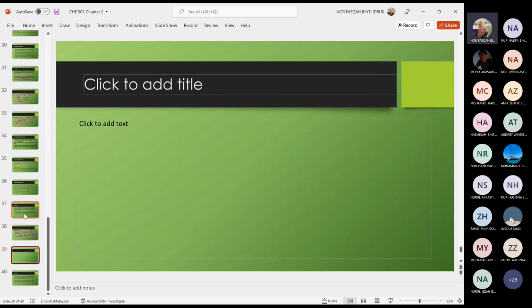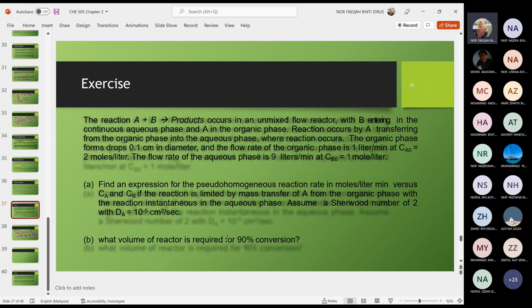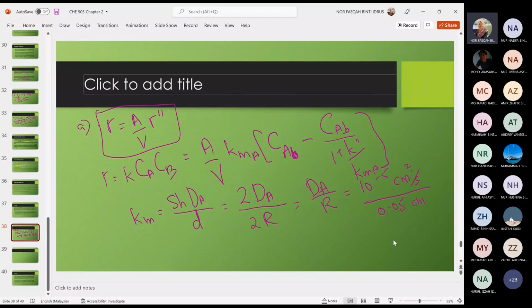Okay, then next, what volume of reactor is required for 90% conversion? You have the equation ni tadi. Okay, equation ni A over V, KMA, CAB minus CA per 1 plus K prime KMA. So, use this equation.